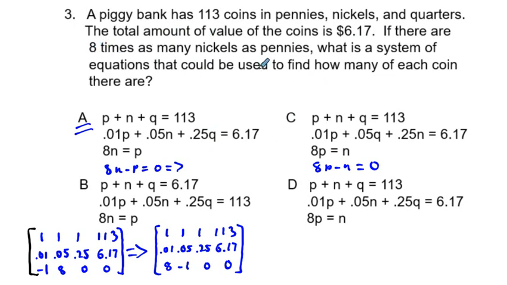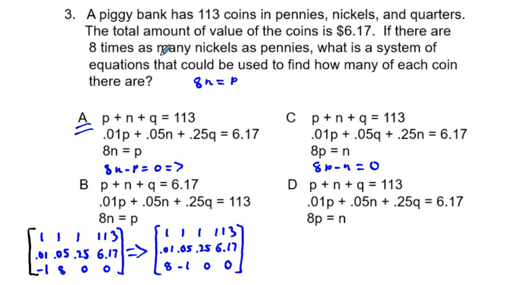If there are 8 times as many nickels as pennies, if you're not super careful, you're going to say 8 times as many nickels as pennies, and that seems to be a direct translation of the text. But my recommendation is to just think things through.